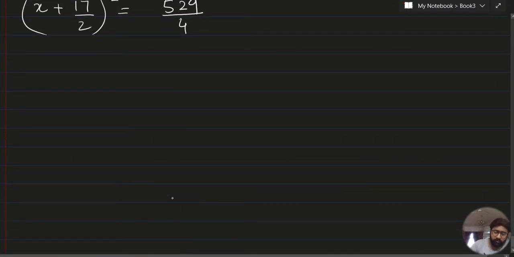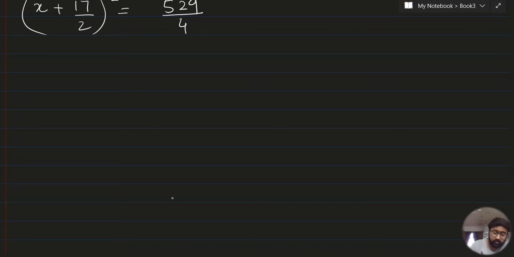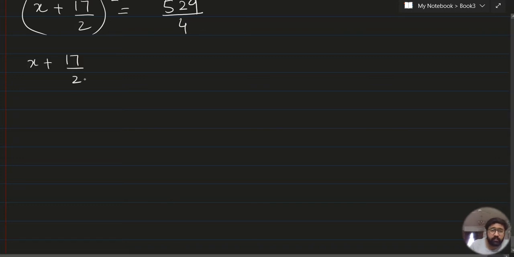We are going to take the square root of these two, and x plus 17 by 2 is equal to 23 by 2, and x plus 17 by 2 gives us negative 23 by 2.